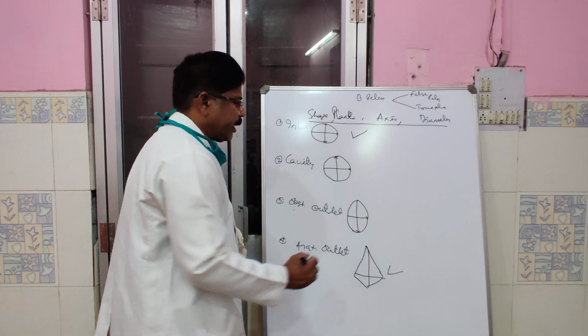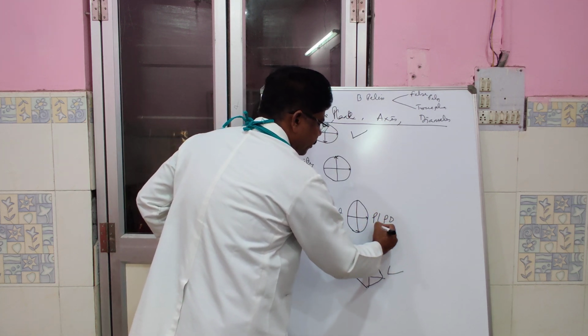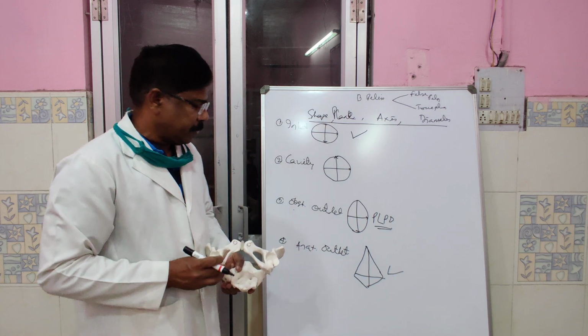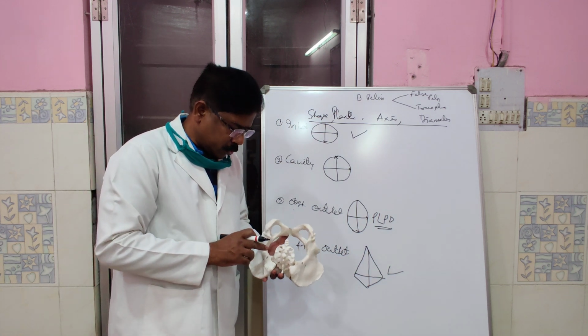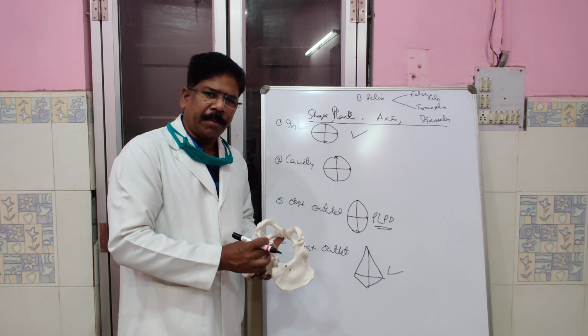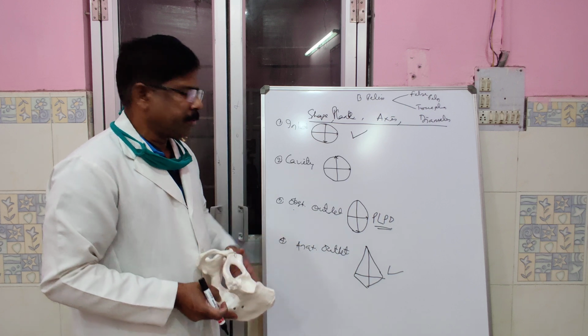The important bony landmark is the plane of least pelvic dimension. It starts from the lower part of the symphysis pubis, goes to the ischial spine and the tip of the fifth sacral vertebra. This is the plane of least pelvic dimension, the plane of the obstetrical outlet.